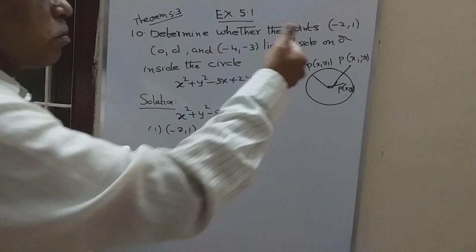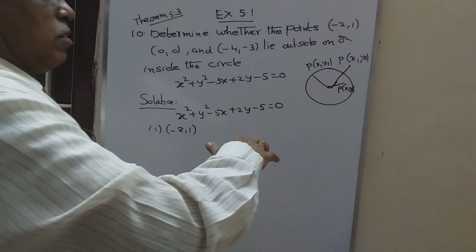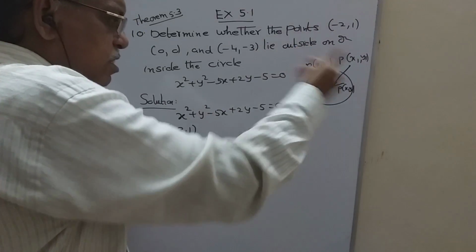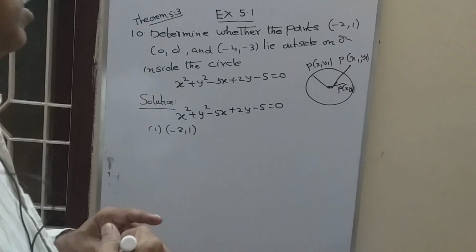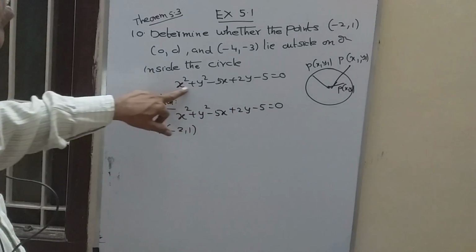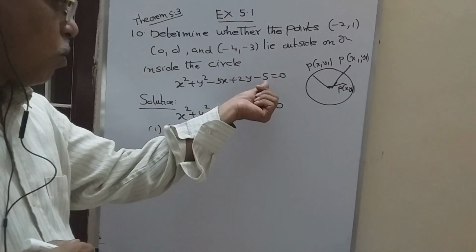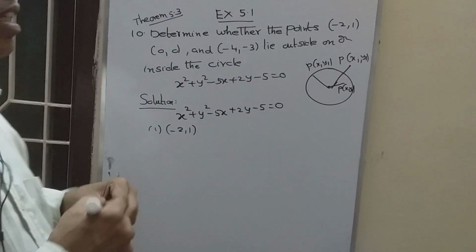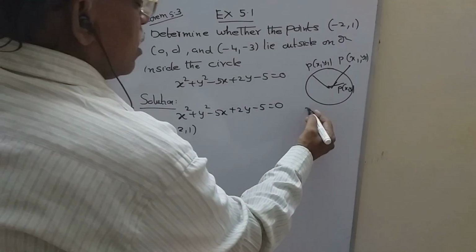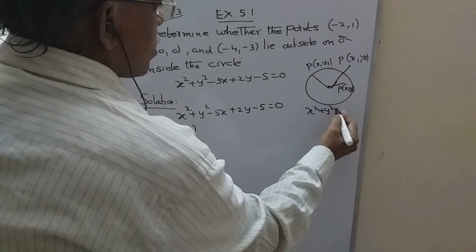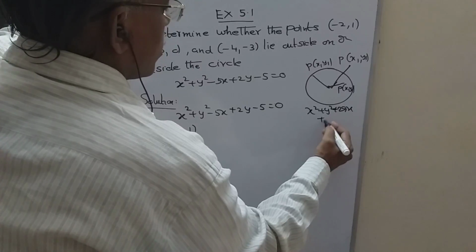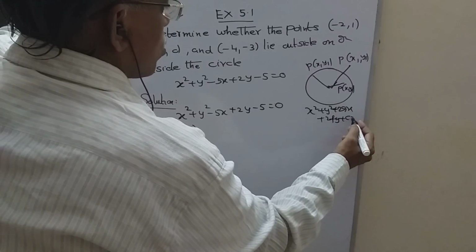So the point may lie outside, on, or inside depending upon the value of this expression. You need to substitute the point directly in this equation. Suppose you take the general equation x square plus y square plus 2gx plus 2fy plus c is equal to 0.